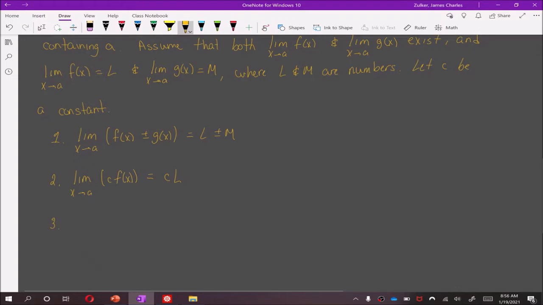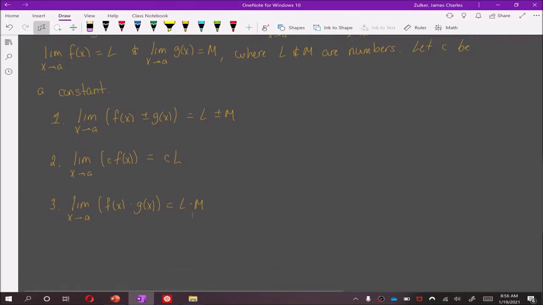Third law, the limit as x approaches a of f of x times g of x is just L times M. So this says that if you take the limit of a product of functions, the result is just the product of the individual limits.